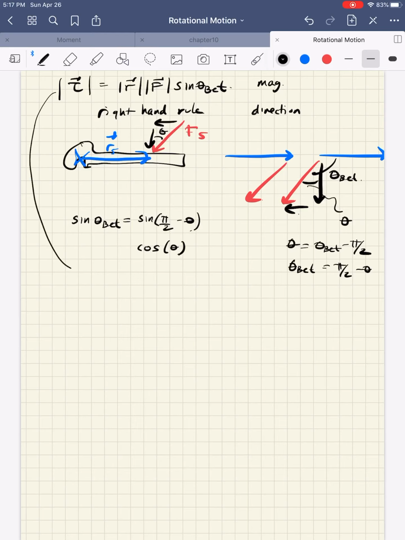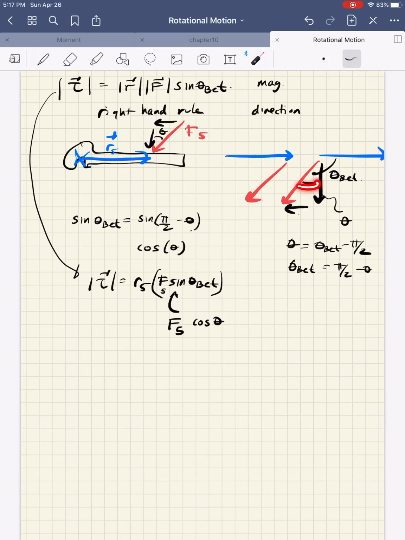And so if I rewrote torque as equal to the magnitude of R, I'd call that R5, magnitude of F, sine of the angle between them, this would be F5, sine of the angle between them. It would actually end up being cosine of theta.